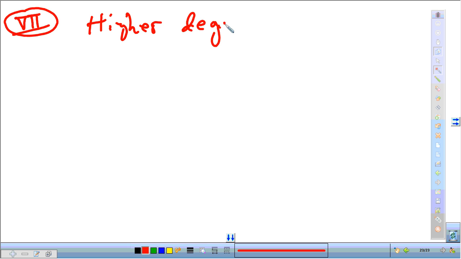So that would be quadratics. If we move on to higher degree polynomials.